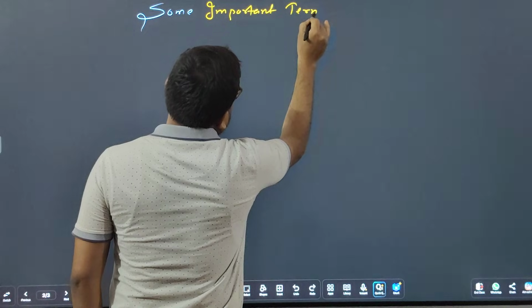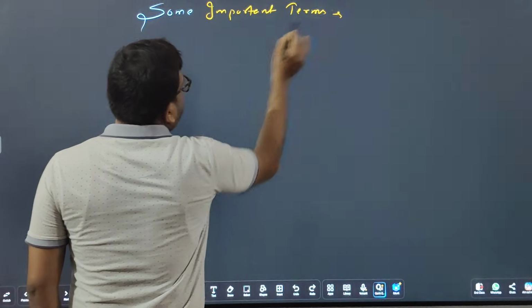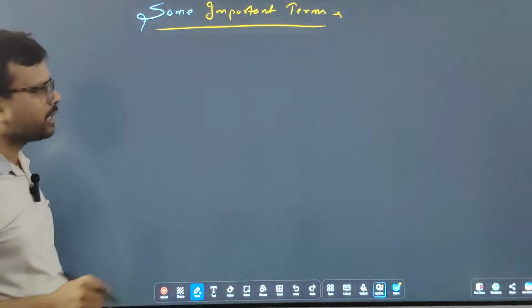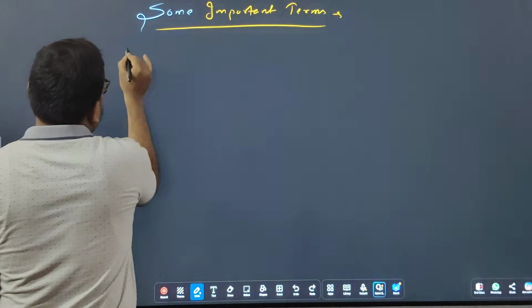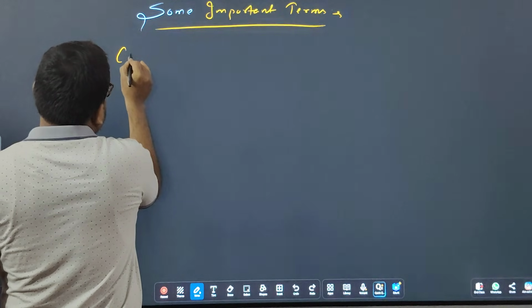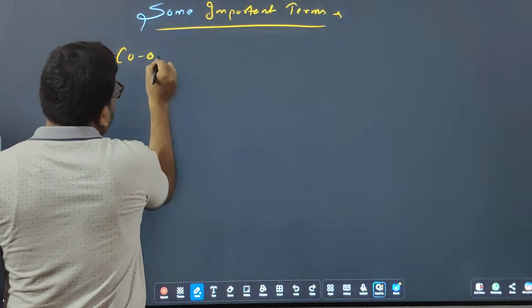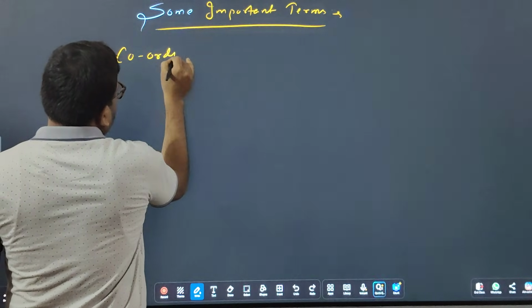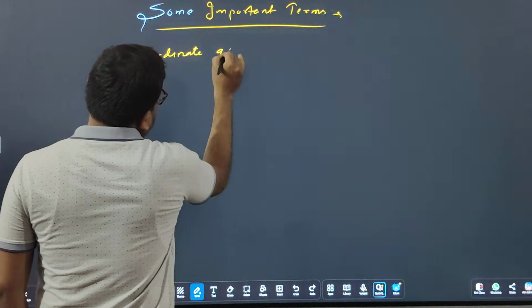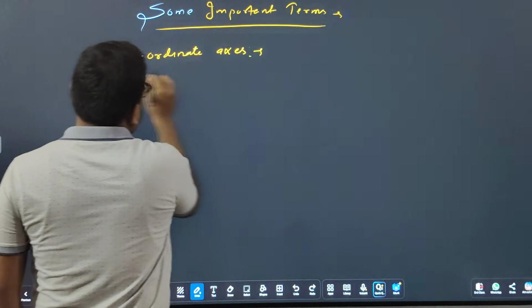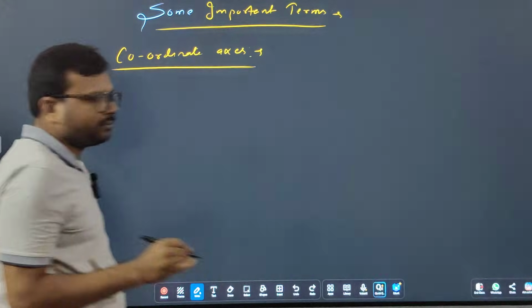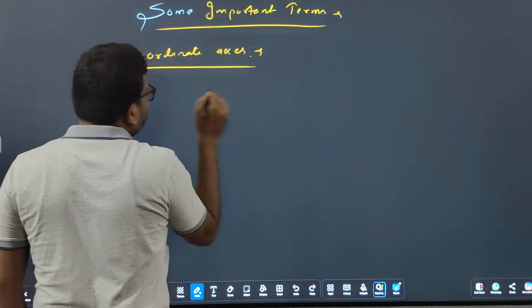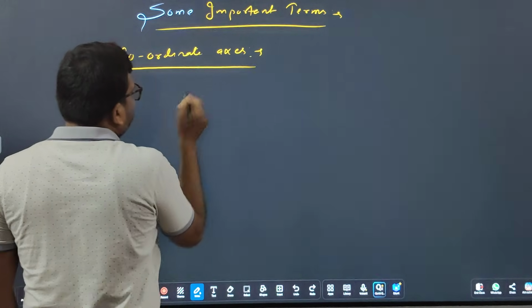Okay, so now some important related terms which we have to know before the study of coordinate geometry. First, sir, what is coordinate axis? At first we have to know what the axis is.